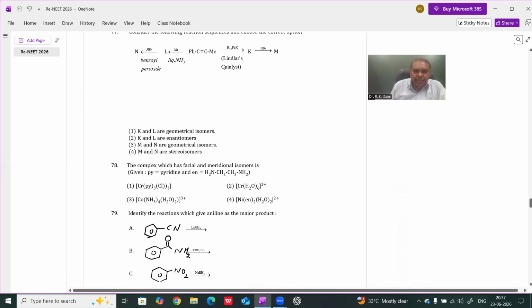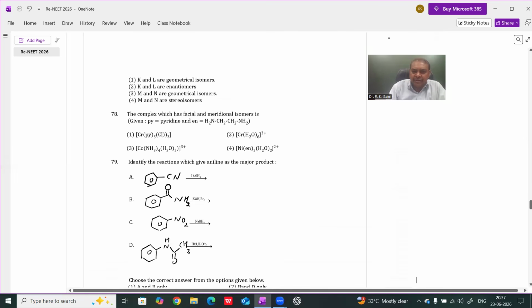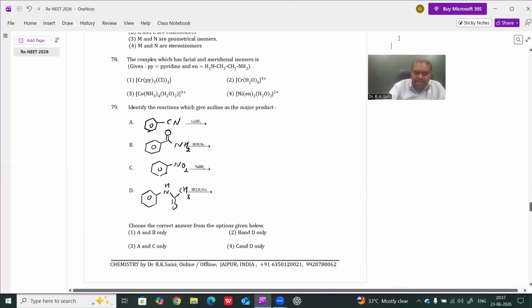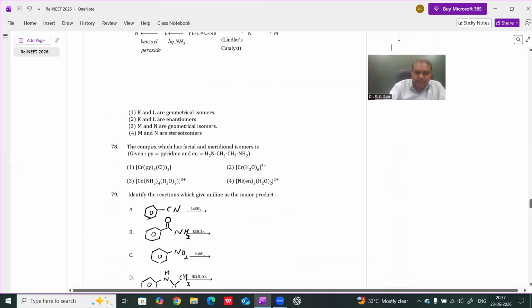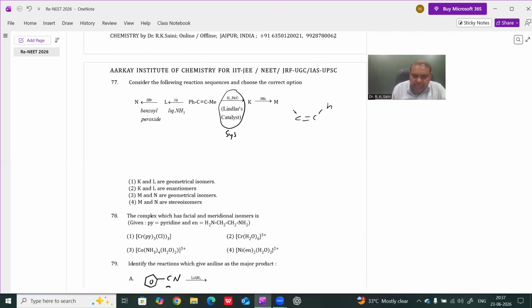First, reduction of alkyne with Lindlar catalyst. In case of first, reduction with Lindlar catalyst means syn addition takes place, and hence the product is cis-alkene, with H, H, and this one is phenyl and this one is Me.